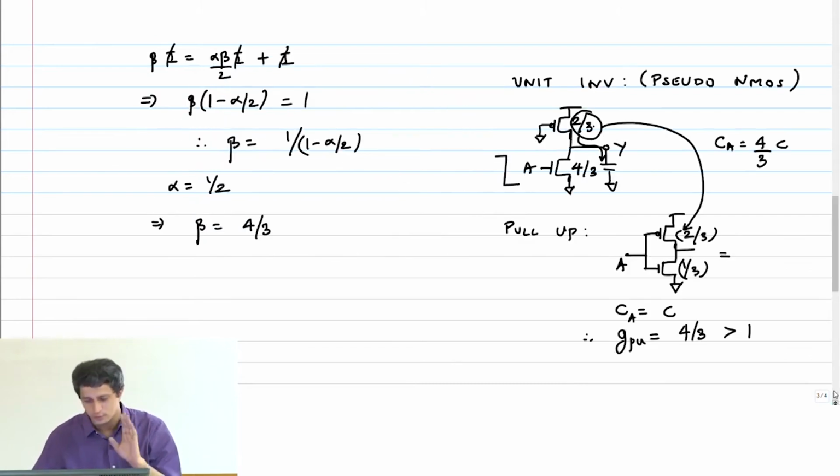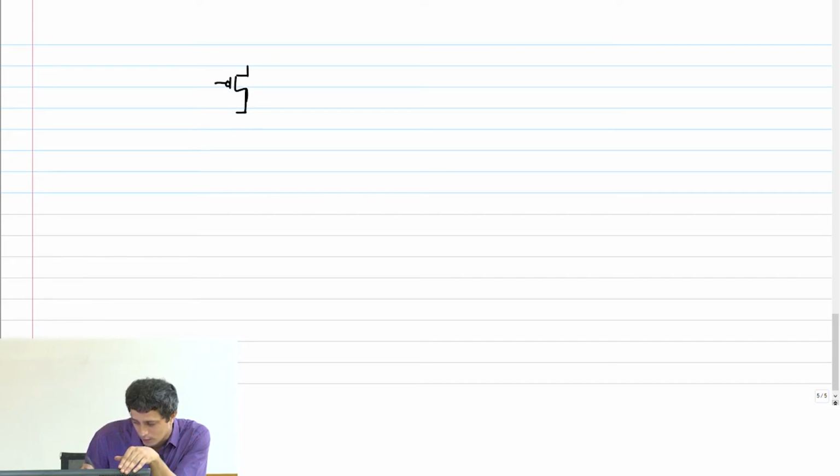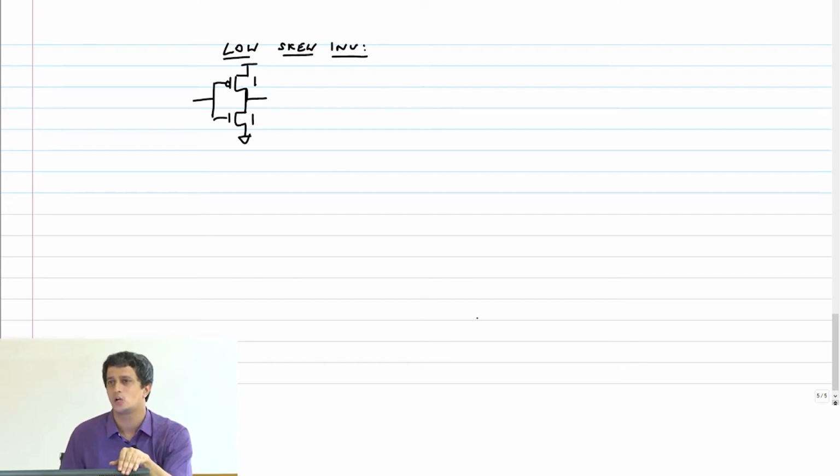So, just to make sure that we have been consistently doing all our things correctly, you go back here, right? For example, let me take the high skew inverter, or let me take a low skew inverter. This is 1 and this is 1. This is a low skew inverter. So in order to find the logical effort, what did we do?